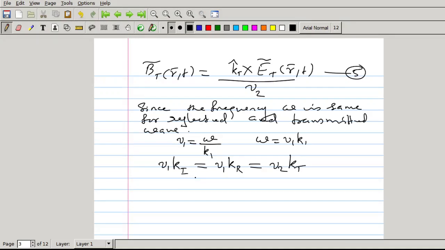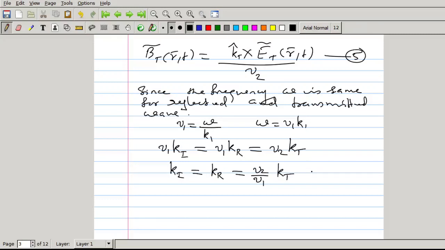Now this v1 will get cancelled, so we can write the magnitude of the incident wave vector same as the magnitude of the reflected wave vector, which is equal to v2 by v1 into k_t. k_t is the magnitude of the wave vector associated with the transmitted wave.